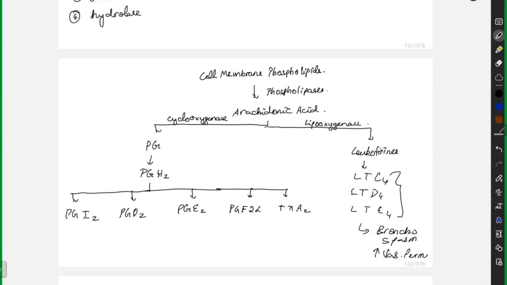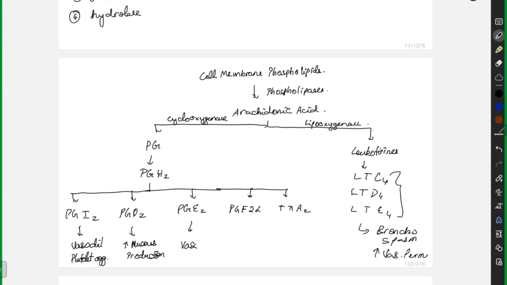Similarly, your prostacyclin is going to cause vasodilatation and platelet aggregation. Then your prostaglandin D2 is going to increase the mucus production. Prostaglandin E2 is going to increase the vasodilatation and vascular permeability.